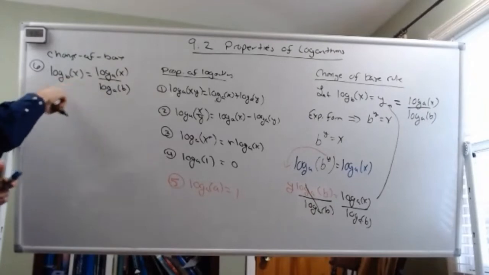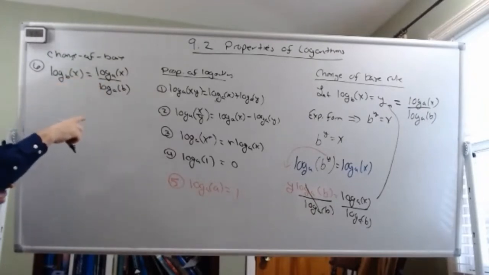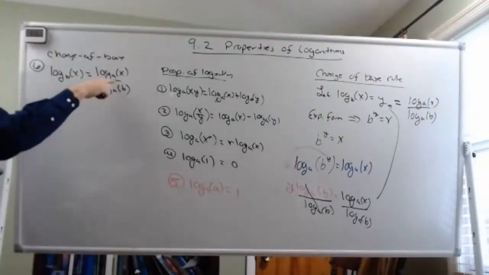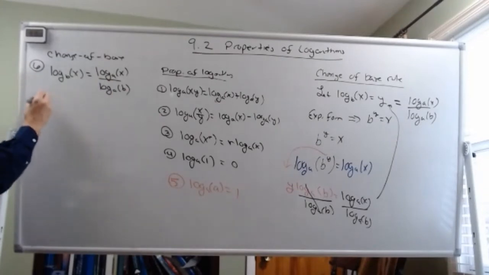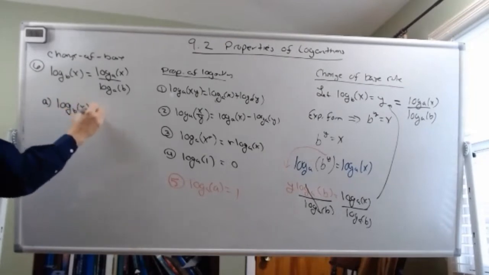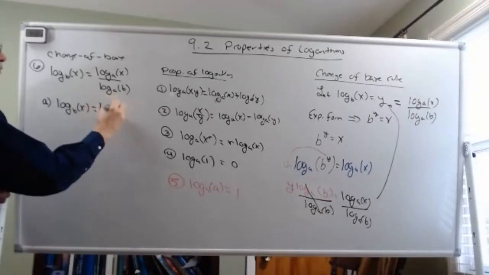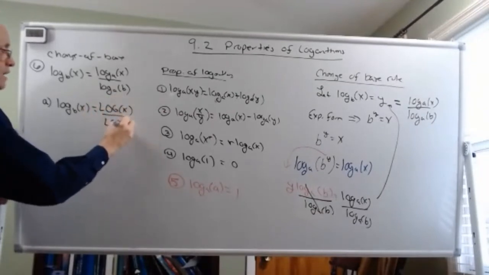Now, this holds for any base a and any base b. So what we typically do is pick base a to be one of two types. Log in the base b of x is the base 10, or the common log, which we write as log of x over log of b.